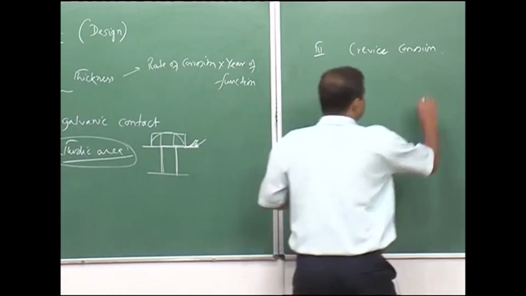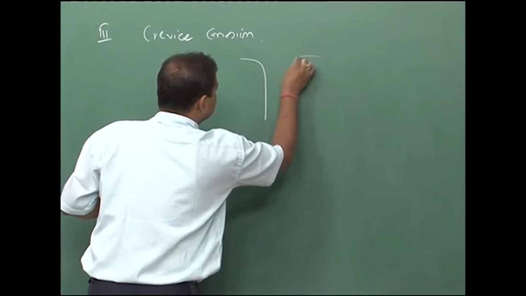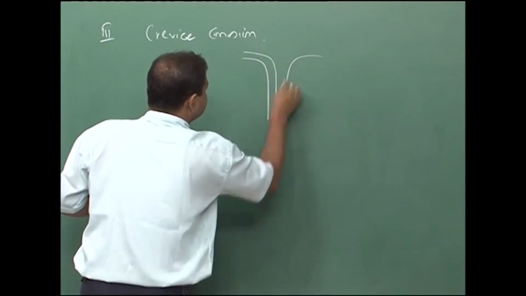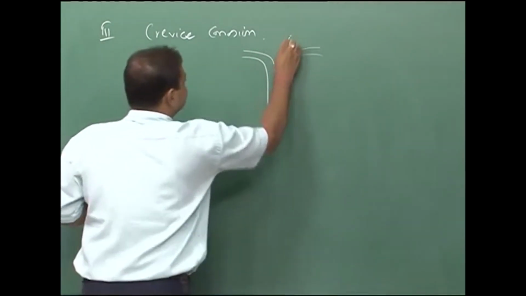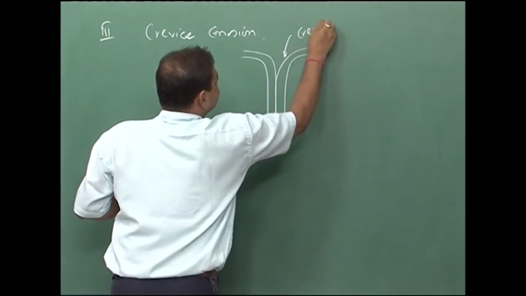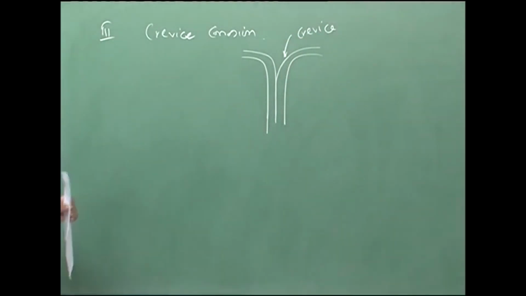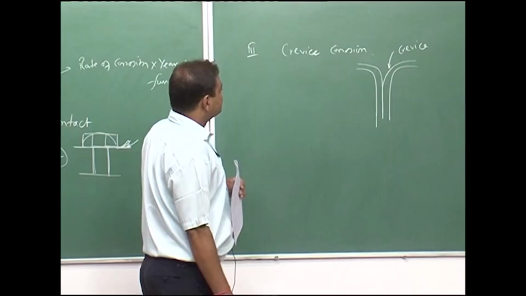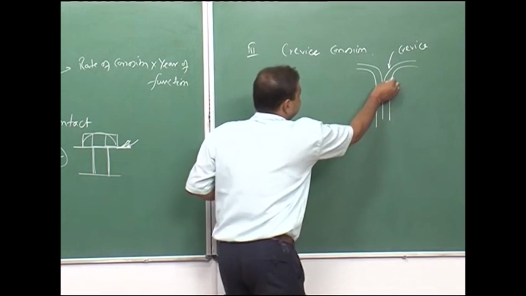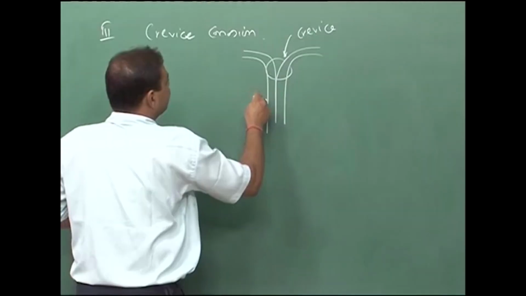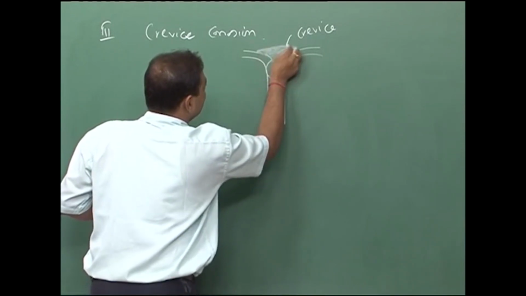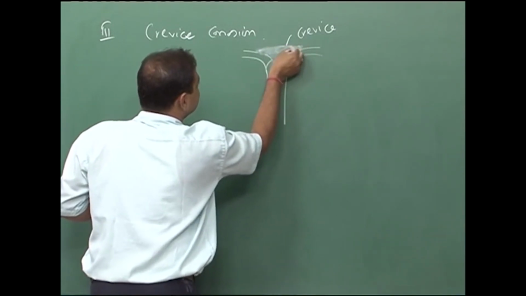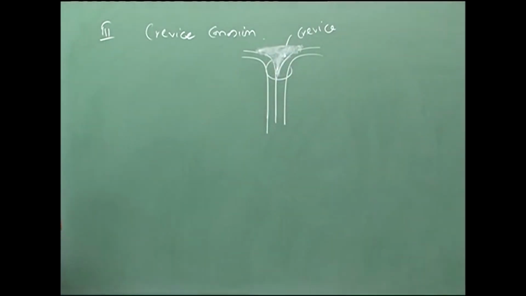For example, if we have two materials joined like this, this is a crevice. In order to avoid the corrosion at this place, we can think of filling this particular section with some material, so that the crevice is out.